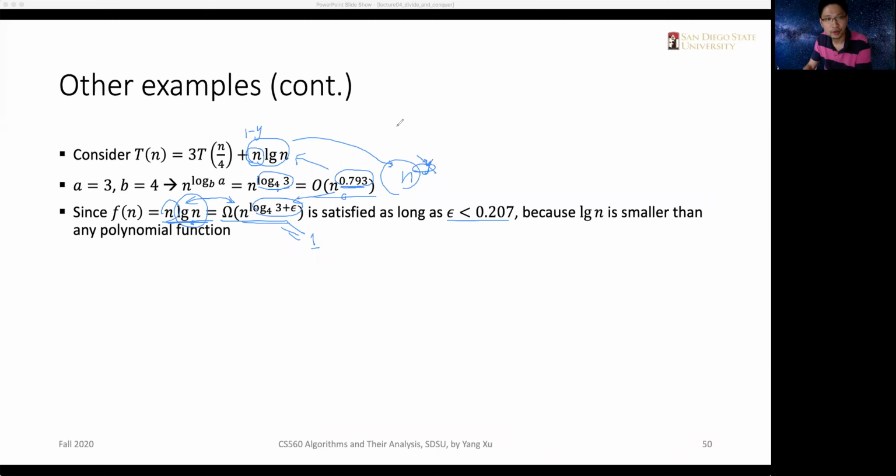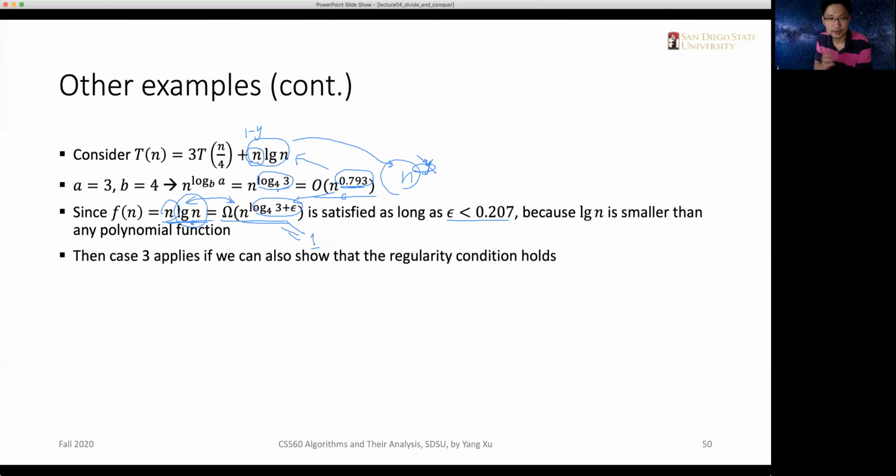Okay, so in this case, we can indeed find that case 3 applies if we can also show that the regularity condition holds.